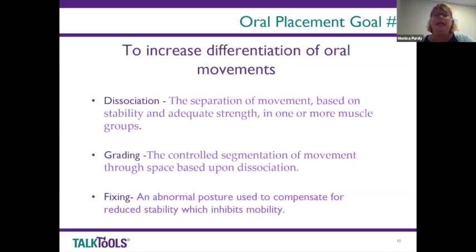Fixing is an abnormal posture which is used to compensate for reduced stability, which inhibits mobility. Now that's a mouthful. What that basically means is that if my body is not stable and I want to talk to you as rapidly as you want me to, I'm going to find a way to fix.